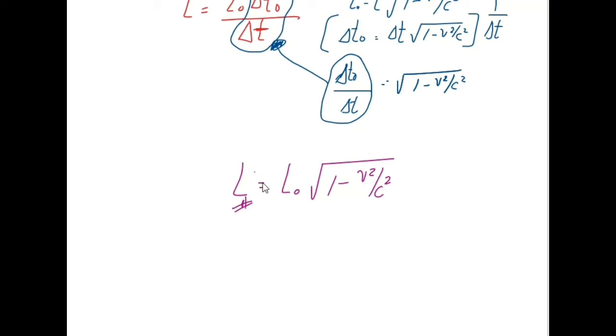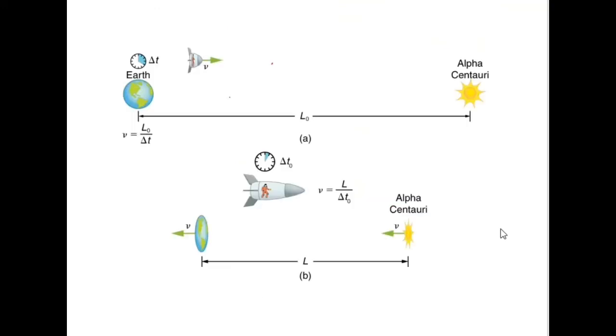Also, only the dimension along the velocity gets shortened. Going back to our illustration, you can see that the velocity of the spacecraft is horizontal. So that is the only dimension that gets shortened, along the x-axis.